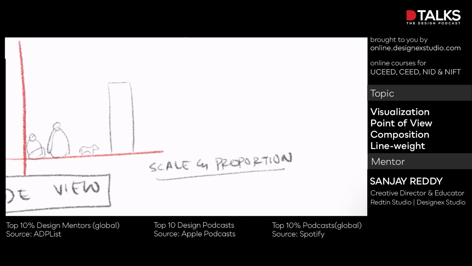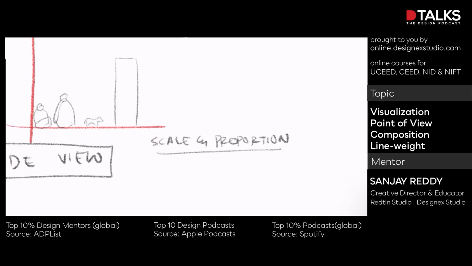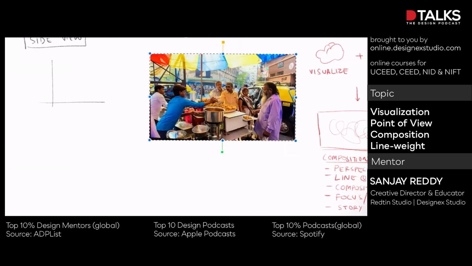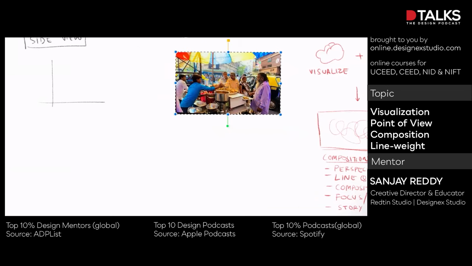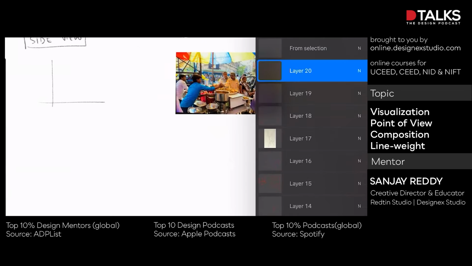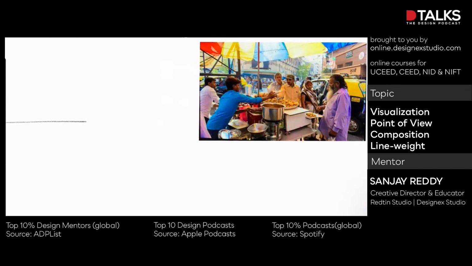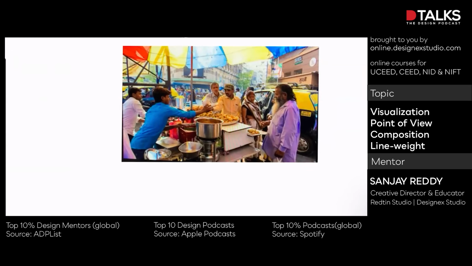And now, once you understand the scale and proportion, let's say you have a scene of a market. There's going to be a very rough representation of this. So let's say we want to sketch out, this is 1, this is 2, and this is 3, and this is 4.